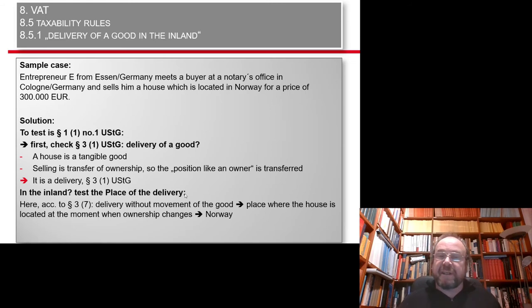So we have a case of delivery without movement of the good. 3.7 says the place of delivery, so the place where that delivery has to be subjected to tax law, that's meant. That is where the good is located at the moment when ownership changes. That is Norway. And Norway is not in the German inland, so German tax law does not apply, not taxable in Germany.